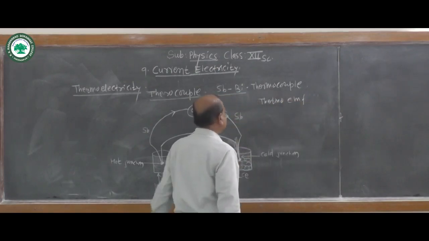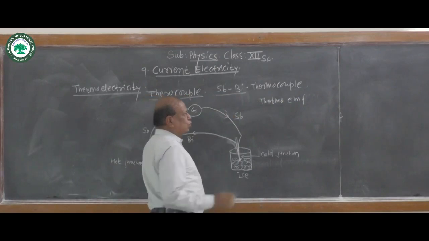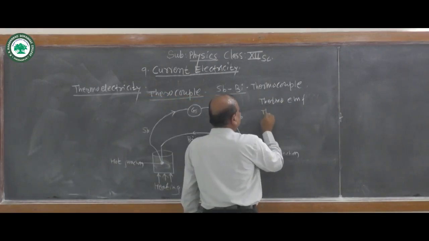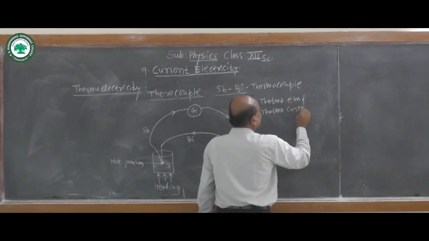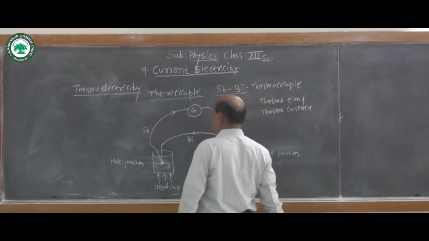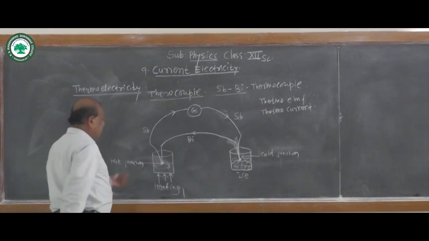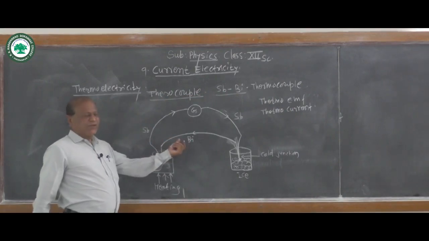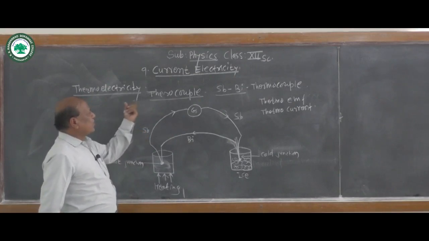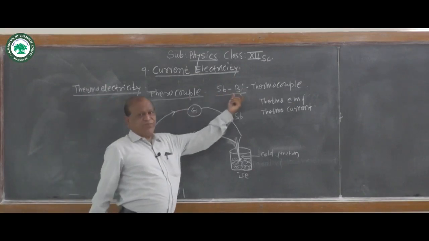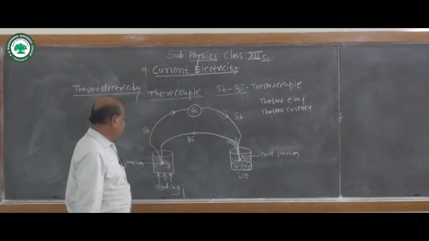The electromotive force is the energy, and the current flowing through the circuit is called the thermocurrent. Here the dissimilar metals are bismuth and antimony, so the thermocouple formed is the antimony bismuth thermocouple.